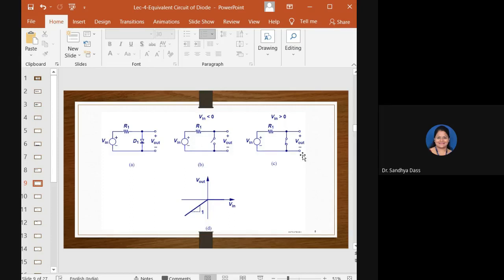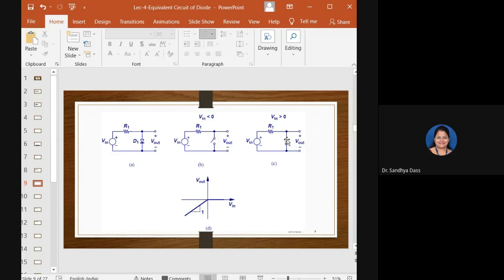If the applied voltage Vin is greater than 0, then the diode would be conducting. So this becomes shorted. The output you get here will be 0, because the circuit is completed here.